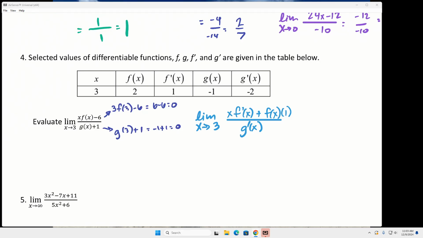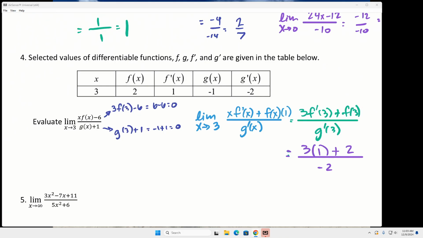Alright, so now I can just do direct substitution with the 3. So looks like we're going to end up with -5/2.